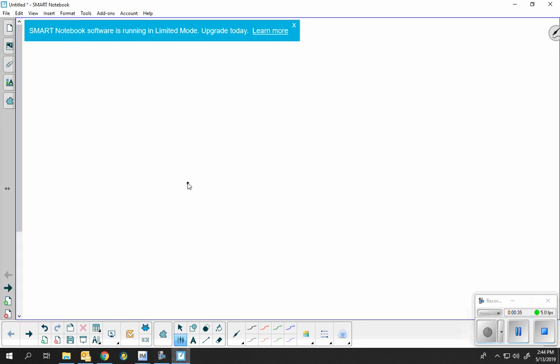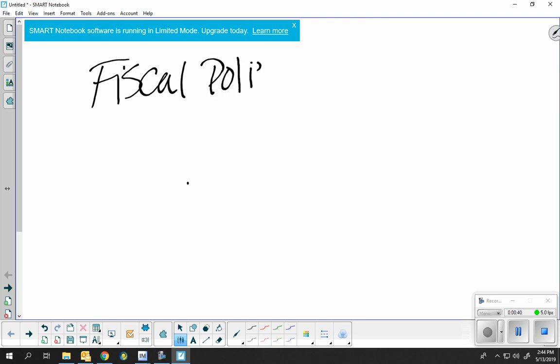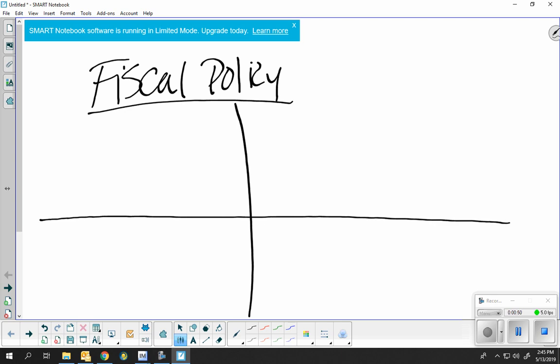So, first things first, fiscal policy. I'm going to divide it into fours, because once again, there is expansionary fiscal policy and contractionary fiscal policy, but there's also automatic and discretionary fiscal policy. So you can have automatic expansionary or discretionary expansionary, automatic contractionary and discretionary contractionary.